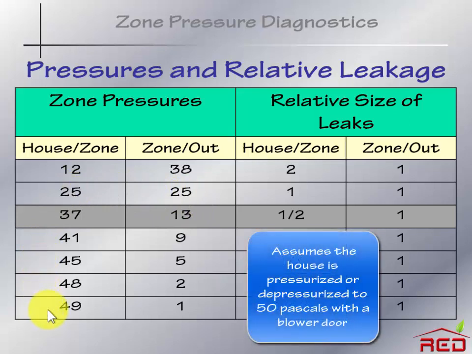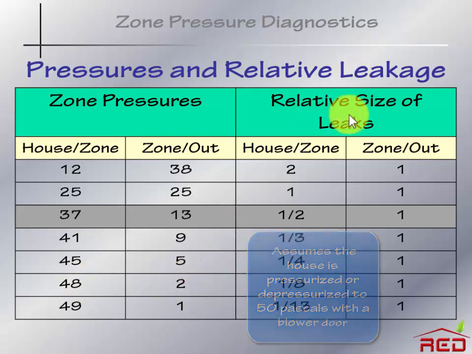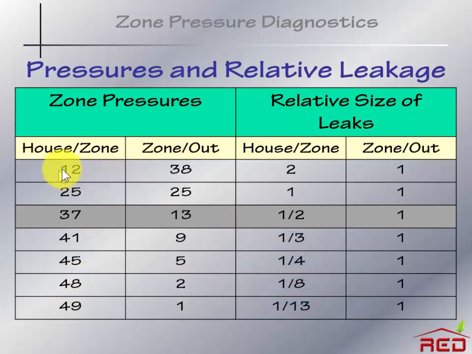If you come down to the bottom, 49 and 1 adds up to 50. All the others add up to 50. Here we have the relative size of the leaks for the given zone pressures. And notice for 37 and 13, the row that's a little bit darker, the house to zone is only 1/2 the hole size of the zone to the outdoors.